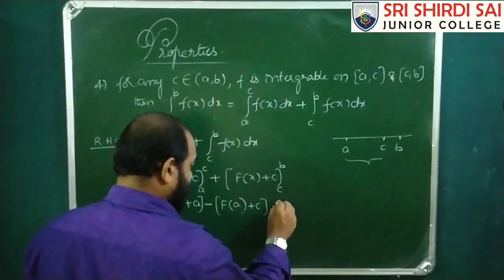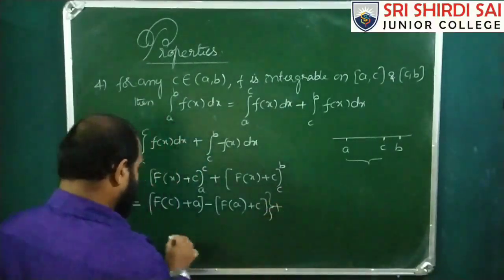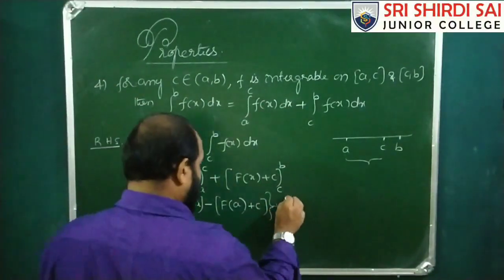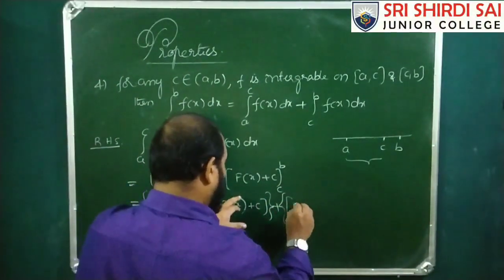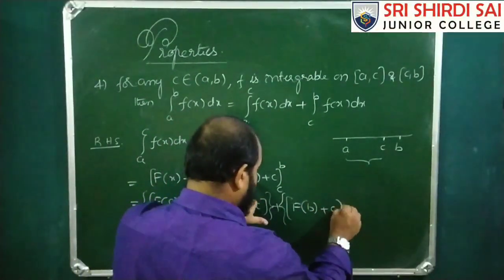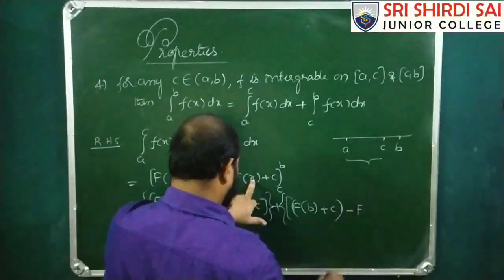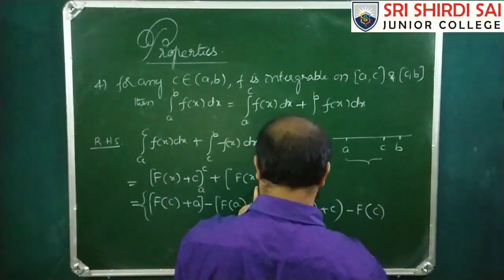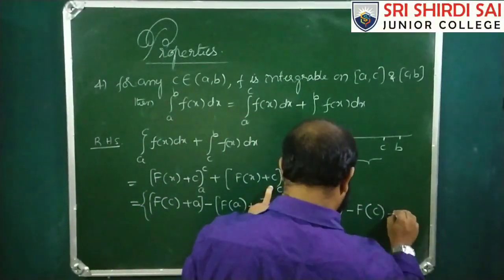plus here F of upper limit, which is b, plus c, minus F of lower limit, which is c, plus c.